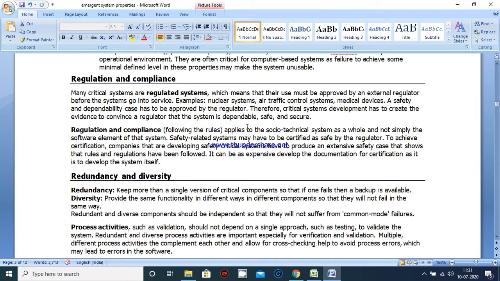To achieve certification, companies that are developing safety critical systems have to produce an extensive safety case that shows that rules and regulations have been followed. While developing a particular software, you should follow the existing rules and regulation, existing protocol.